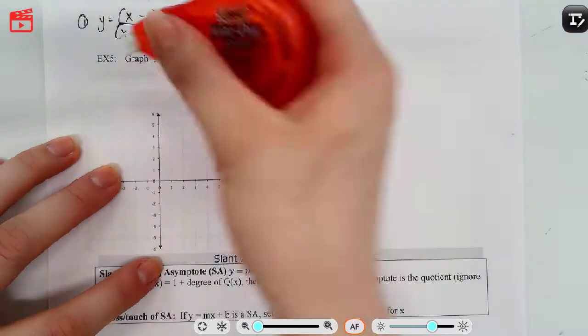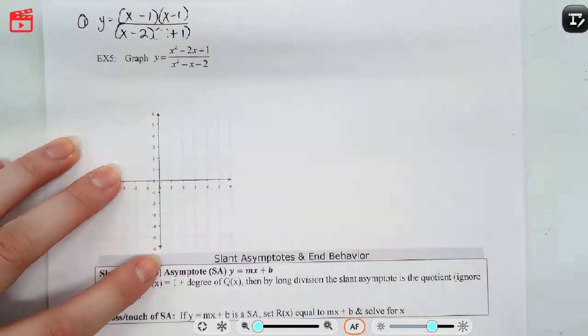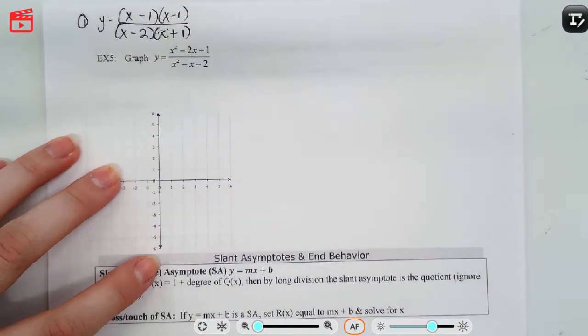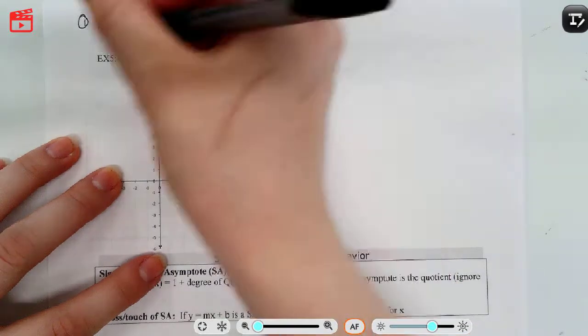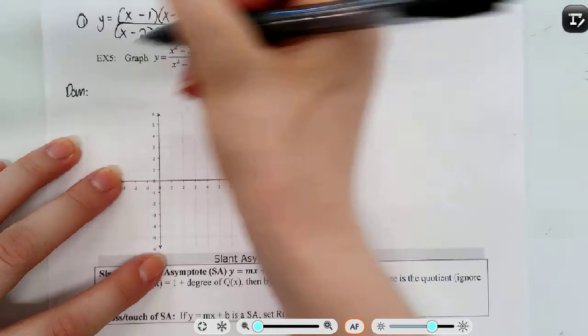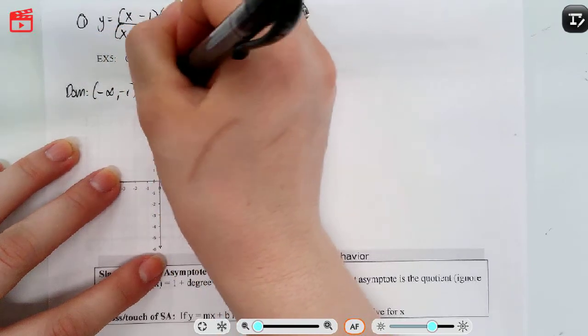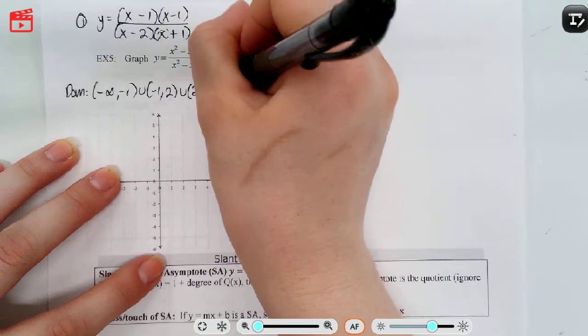From that, the values we can't have are -1 and 2. So the domain, we're going to take out -1 and 2: negative infinity to -1, union -1 to 2, union 2 to infinity.